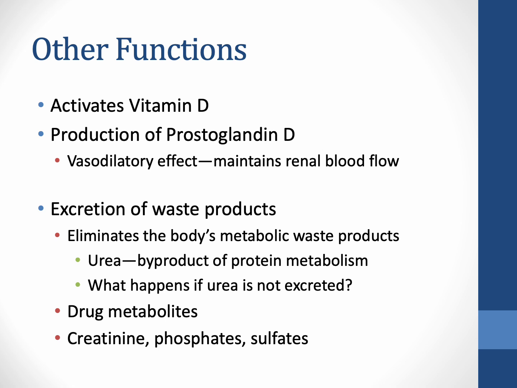The kidneys play a key role in eliminating drug byproducts from the body. Creatinine, phosphates, and sulfates are all metabolic waste products filtered and excreted by the kidneys. If the kidneys are not functioning properly, these substances can build up in the body, resulting in various complications.